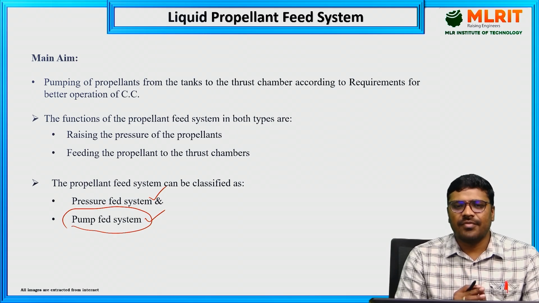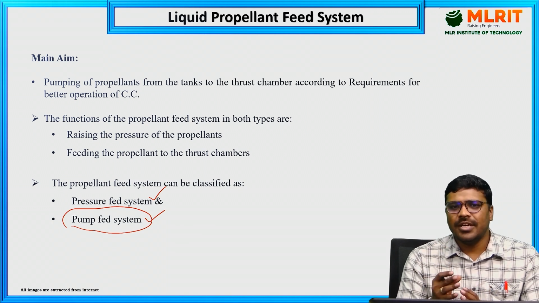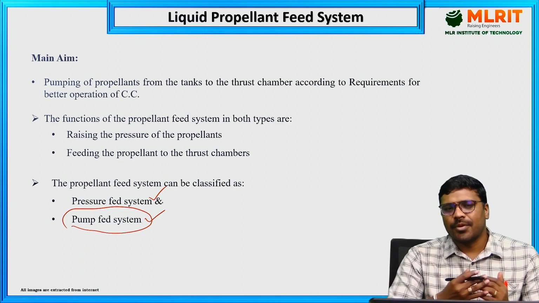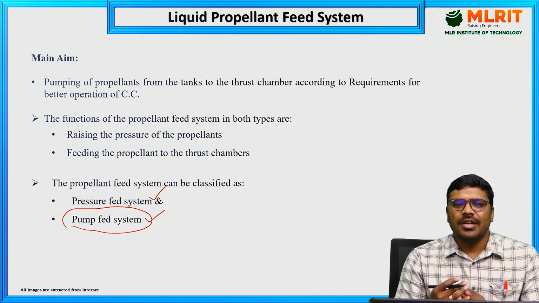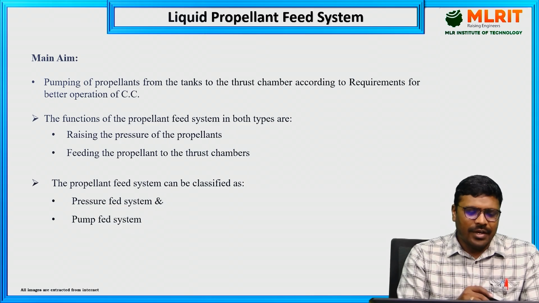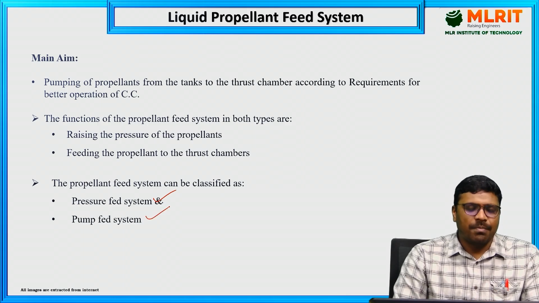Just as we supply water from one place to another with the help of motors, the same way we use turbo pumps for pumping the propellant from tanks to the thrust chamber according to the required pressure. So these are the two methods of a propellant feed system: one is a pressure feed system, another is a pump feed system.